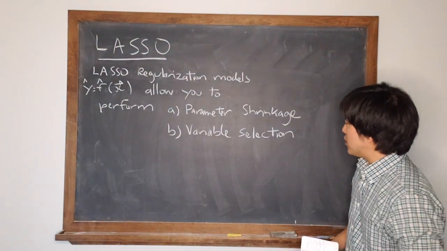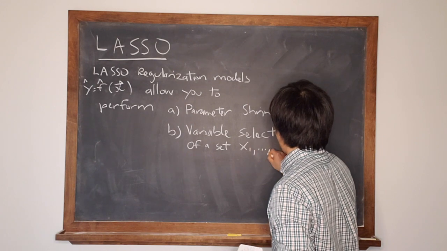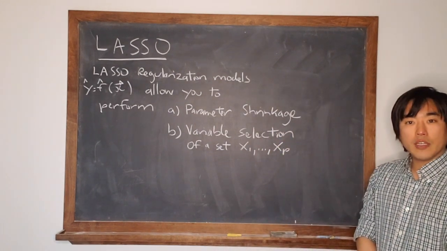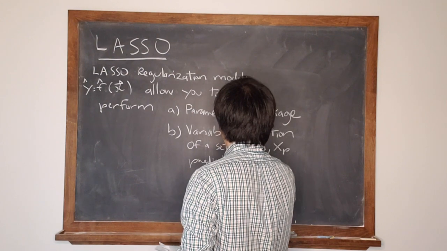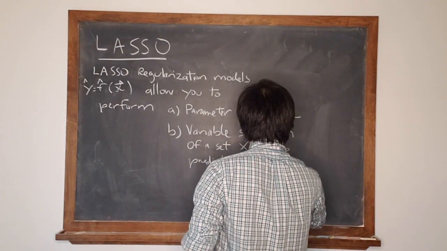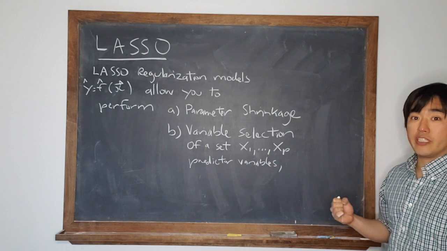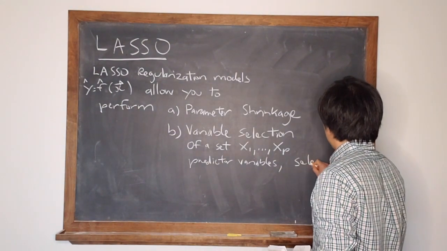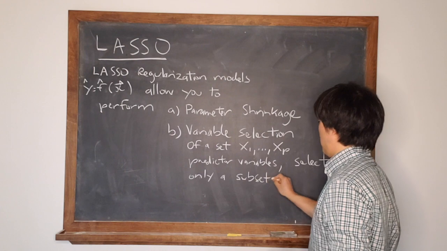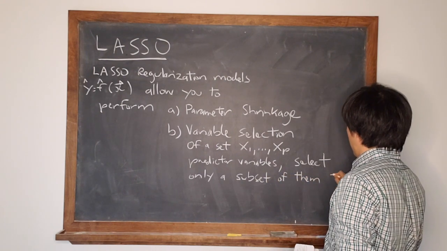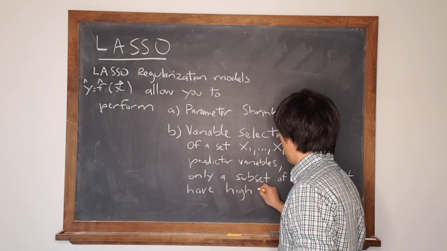So what do I mean by variable selection? Of a set of x1 through xp predictor variables, select only a subset of them that have high predictive power.